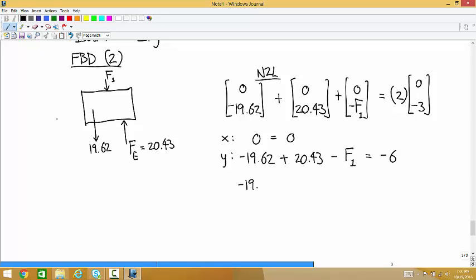So negative 19.62 plus 20.43 plus 6 is equal to F1. And I can't do that in my head. So what do you get for F1? 6.81.